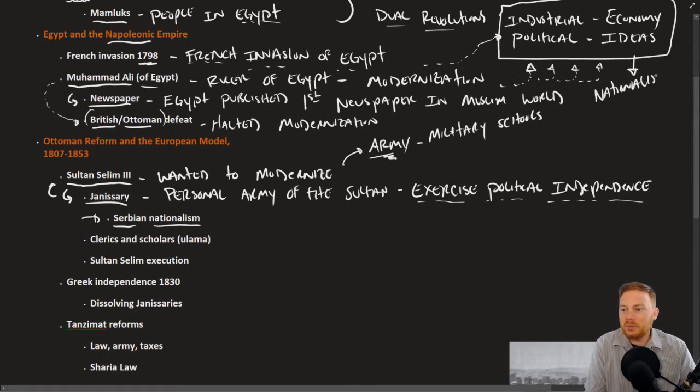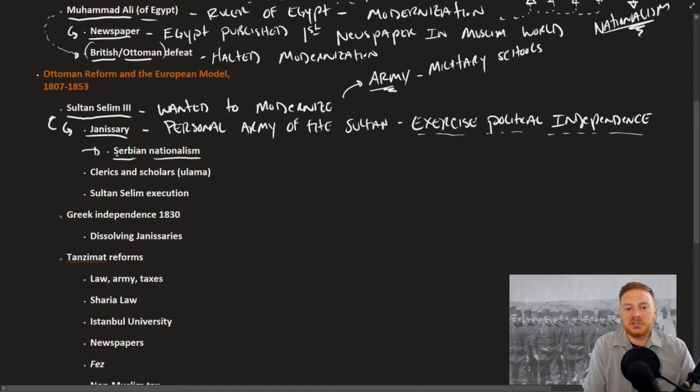We'll talk a lot more about nationalism and how it's significant. But the Janissaries essentially exercised independent control in Serbia, doing whatever they wanted against the Sultan's orders. Violence between the predominantly Muslim Janissaries and the Orthodox Christian Serbian population there led to strife, ultimately resulting in a call for independence.